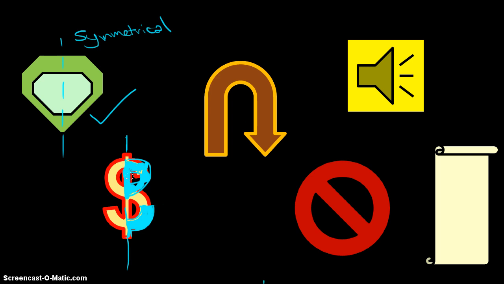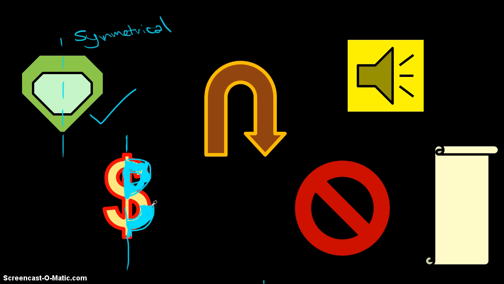Can you see that this part, when you flip it over, forms this figure here, and this part, when you flip it over, forms this figure here, but you can see that it doesn't fit exactly. So this is not symmetrical. This figure is not symmetrical at all.